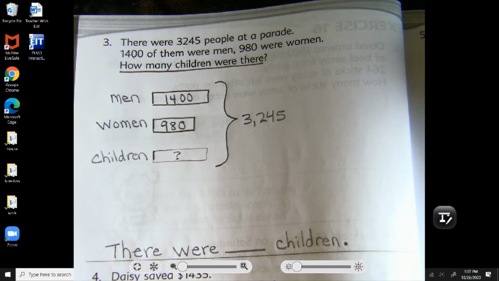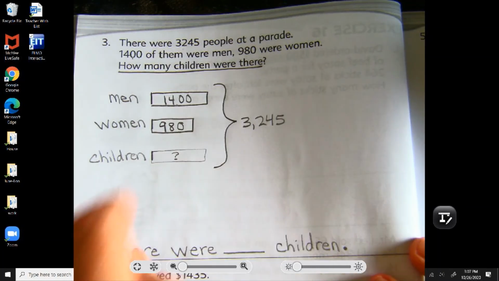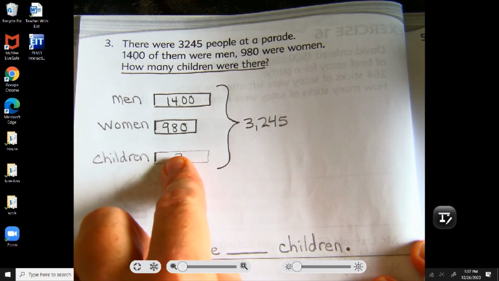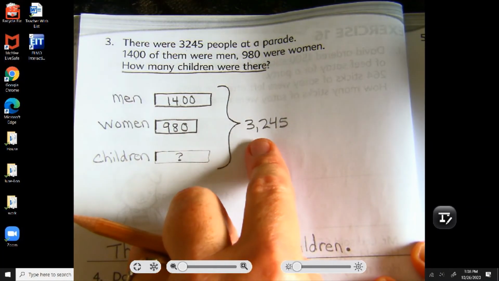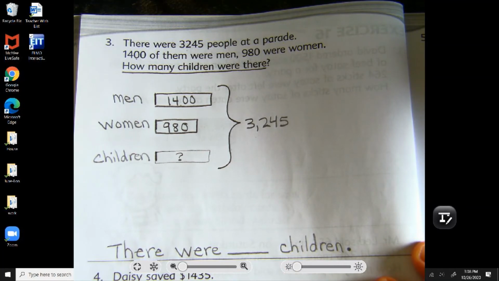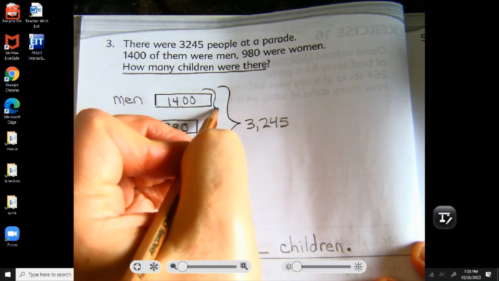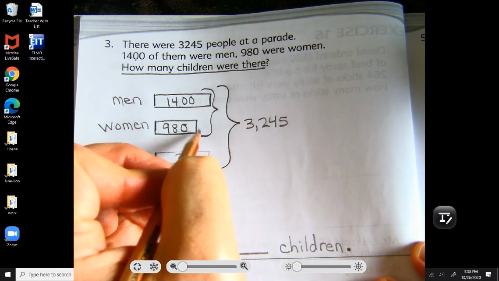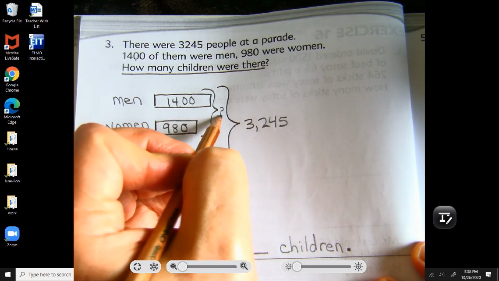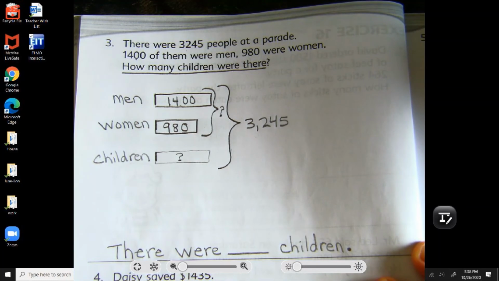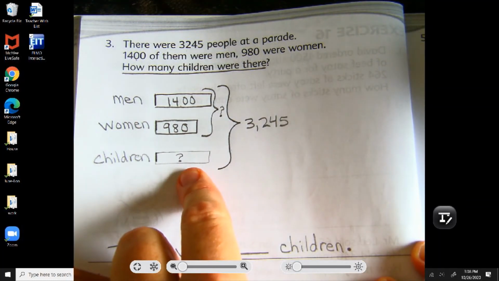Now, how am I going to find out the number of children? If all 3 of these together equal this, I could find out how many men and women there are together, right? And then the rest of them will be children.